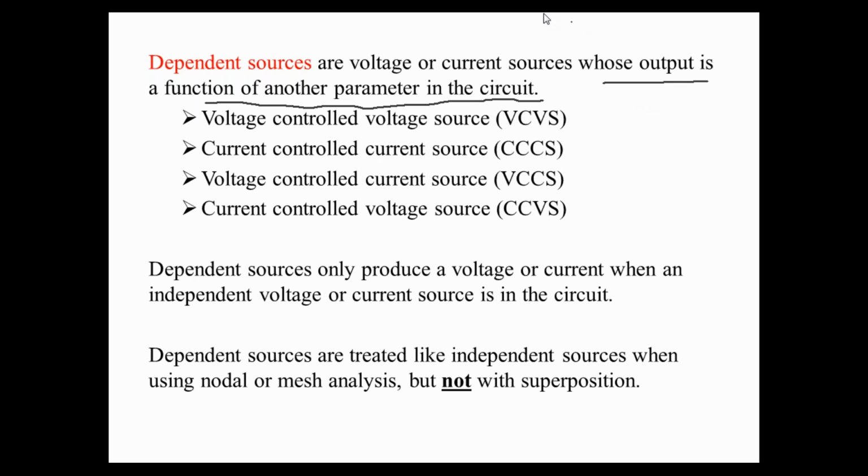For example, if I choose a circuit like this, some resistance R1 is carrying a current I. Now a dependent source can be like this, whose voltage is, for example, 2 into I. That is, the magnitude of this dependent voltage source depends on the current I, where I is the current passing through resistance R1, which may be in the same circuit or in some other circuit.